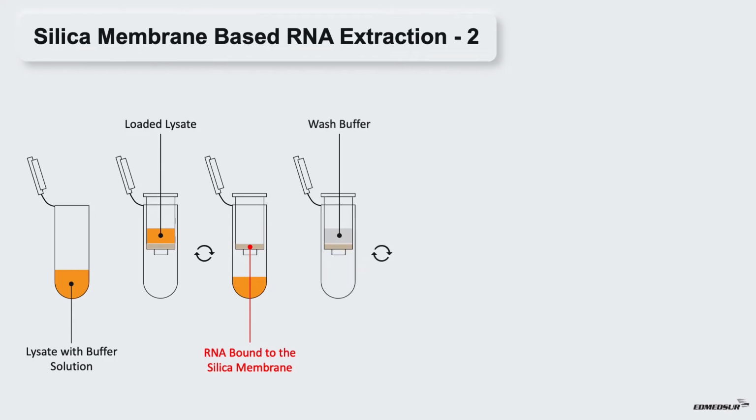To wash and remove impurities, a wash buffer is added onto the column. The column is put in a centrifuge again, forcing the wash buffer through the membrane. This removes any impurities from the membrane, leaving only the RNA bound to the silica gel. Generally, it takes several washes until the RNA on the silica membrane is free of contaminants.